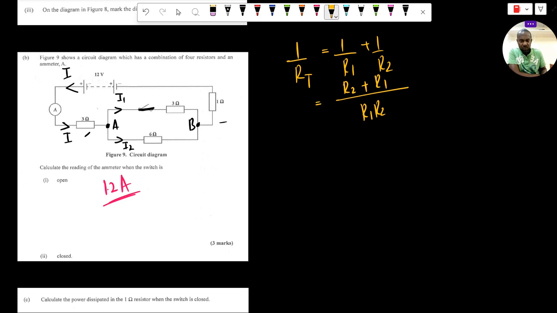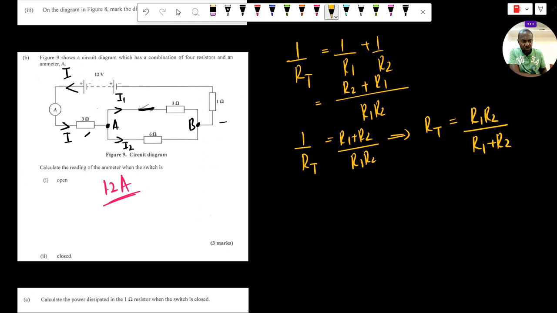And so we can say 1 over RT is equal to R1 plus R2 over R1 R2. If we reciprocate both, then RT, the total effective resistance, is equal to R1 R2 divided by R1 plus R2.